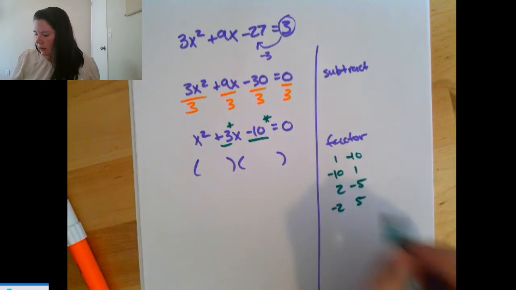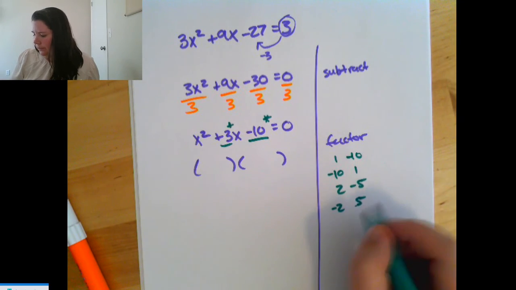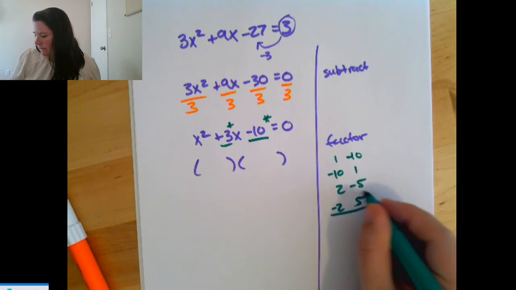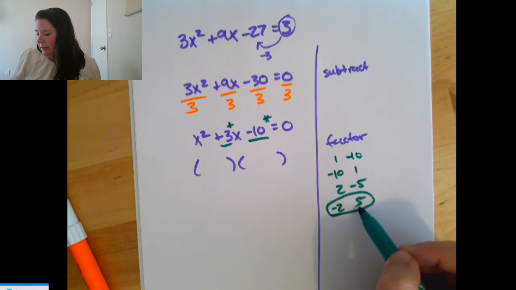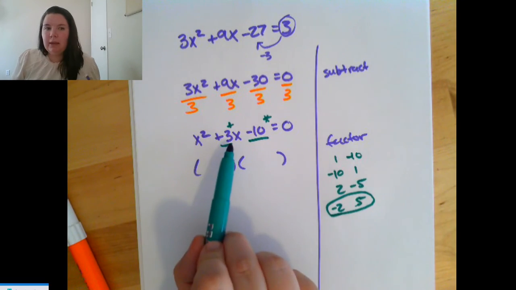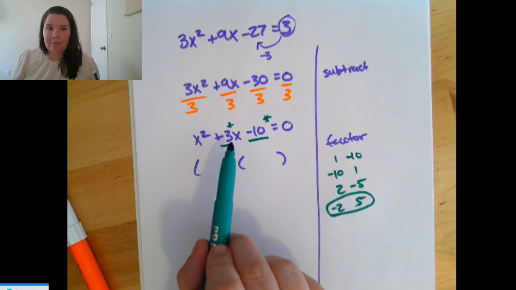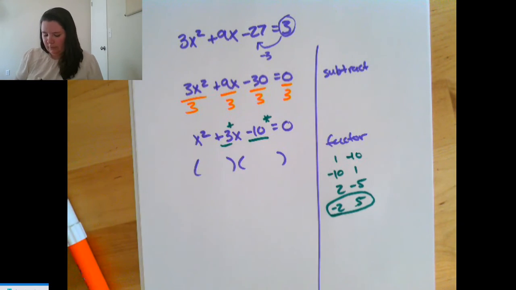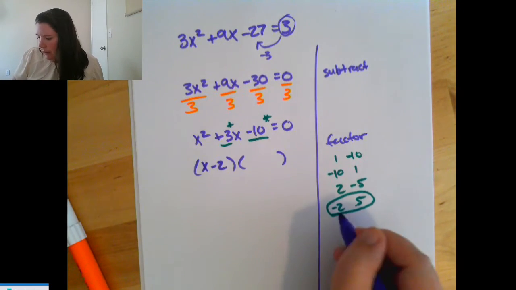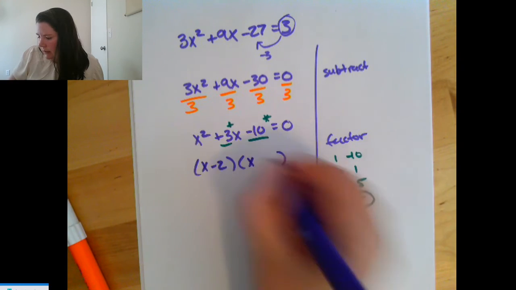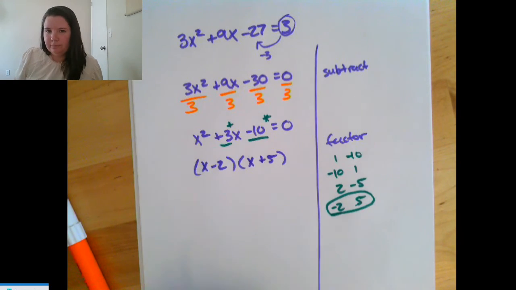And there it is. If I add negative 2 and positive 5, that gives me the positive 3 that I wanted. So x minus 2 and x plus 5. Here's my factored form.